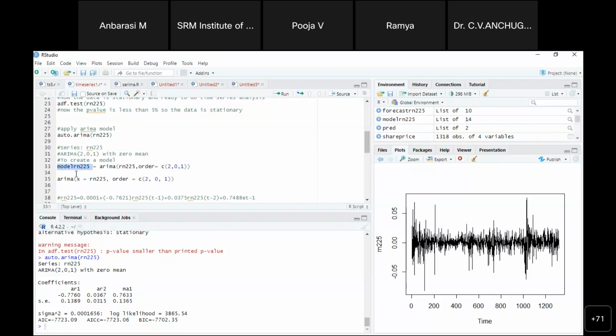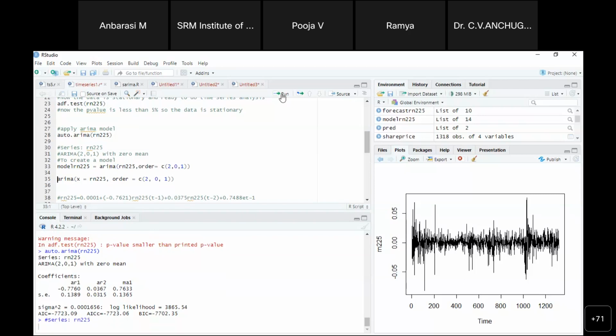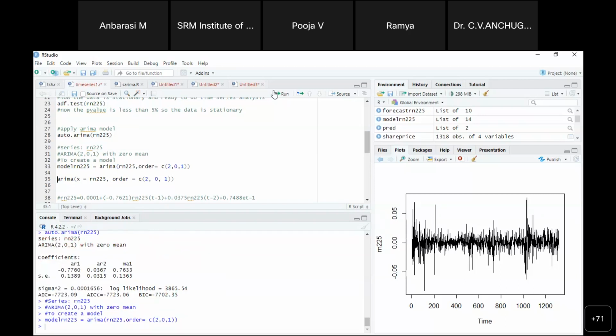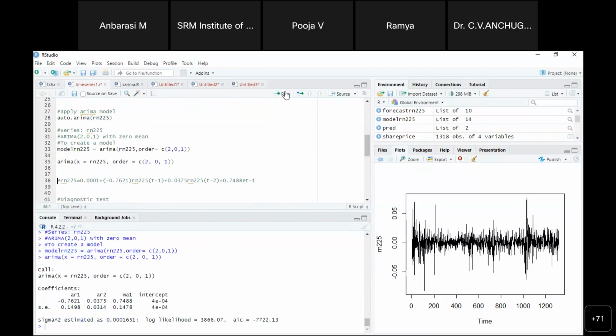After creating the model, we call this ARIMA function. When you execute it, you can see the coefficient values. Only this coefficient we can specify in the paper.